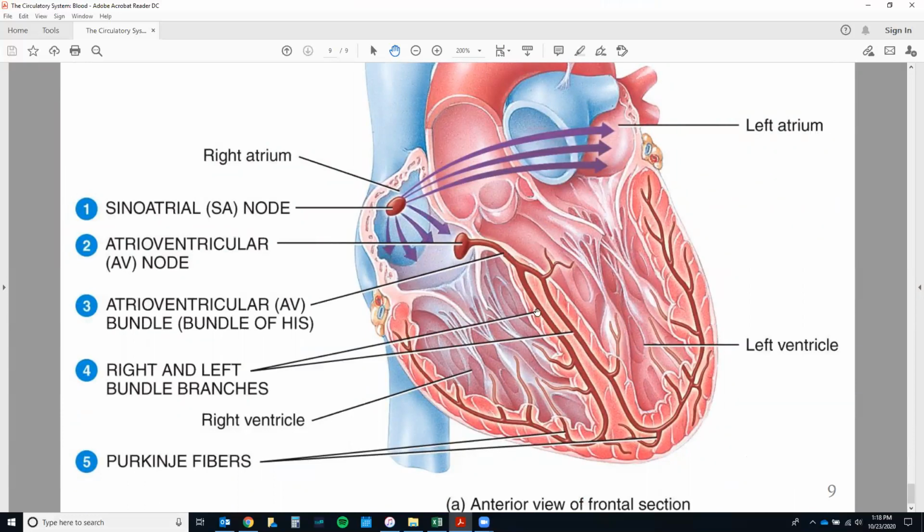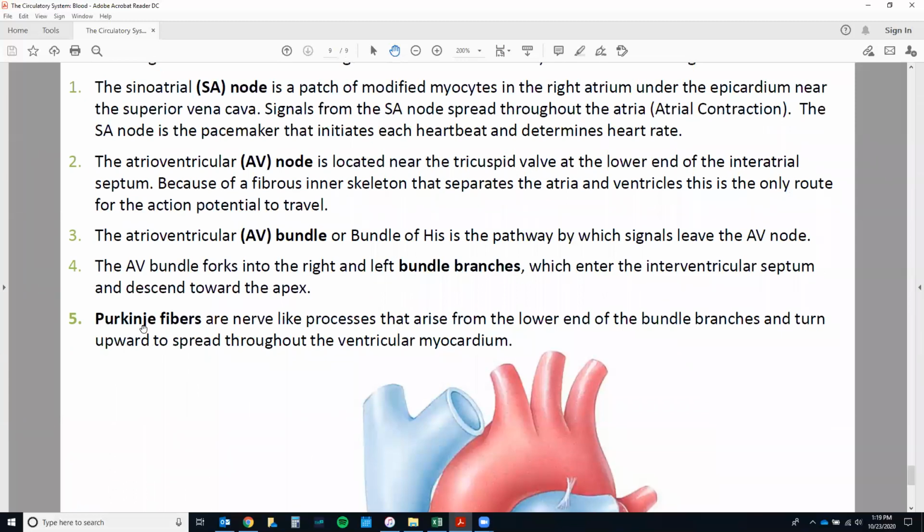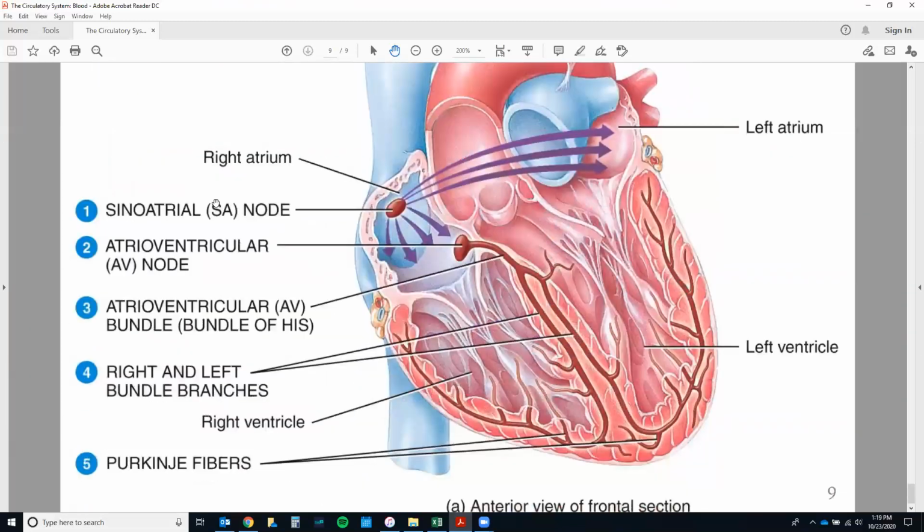The bundle branches travel down through the interventricular septum, and then coming off of those, traveling throughout the ventricular myocardium, both left and right ventricles, are what we call Purkinje fibers. And following signals traveling through the Purkinje fibers, the ventricles contract.